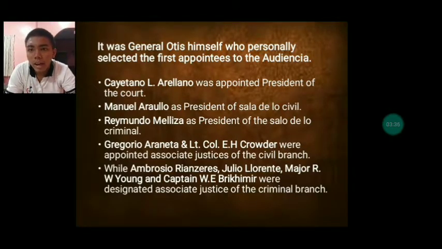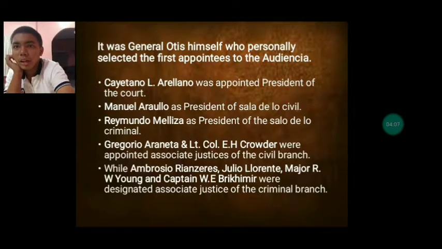Gregorio Araneta and Lieutenant Colonel E.H. Crowder were appointed Associate Justices of the Civil Branch, while Ambrosio Rianzares, Julio Llorente, Major R. Y. Young, and Captain Becamere were designated Associate Justices of the Criminal Branch.